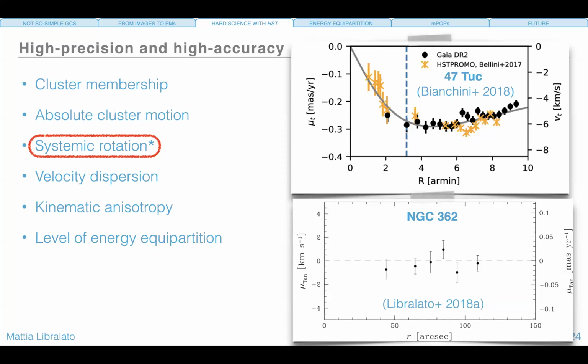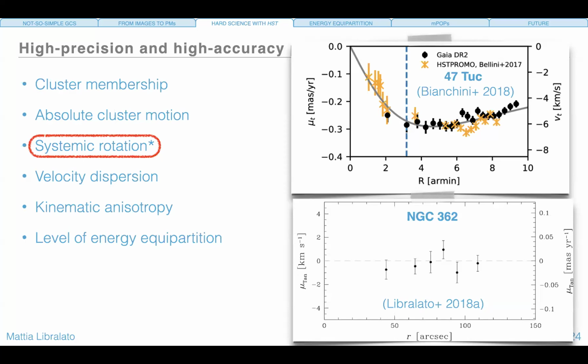There was a recent paper by Maximilian Häberle. He made the proper motion catalog for omega Cen, and he combined it with Gaia. He made relative proper motions as we do, so he lost the rotation component. But by comparing his HST proper motions with the Gaia ones for the stars in common, he was able to reconstruct the rotational curve in the innermost region of omega Cen, which is usually not even tried with Gaia.